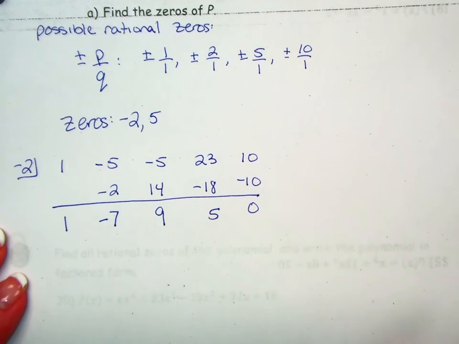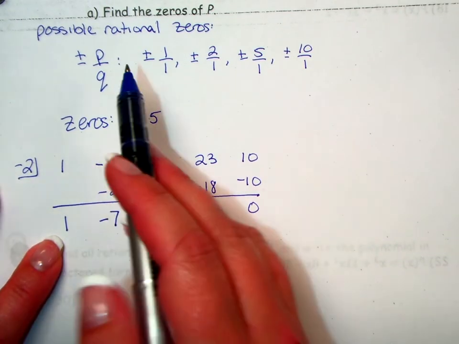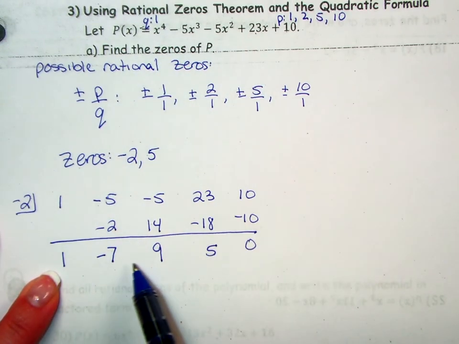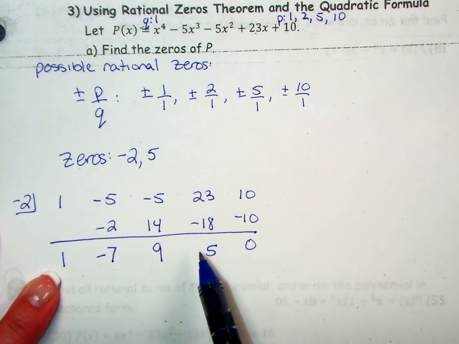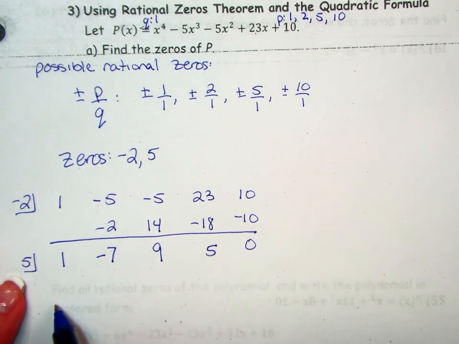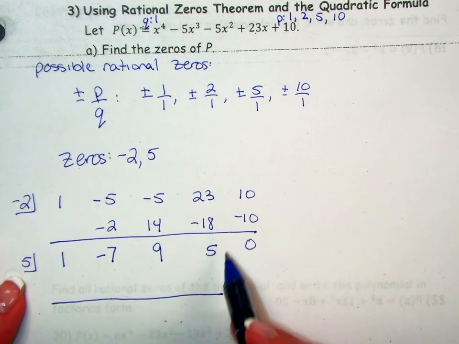So now what I'm going to do is divide 5 not back into the original polynomial, but into this answer. Okay, I'm going to divide 5 into the quotient, right? So I'm going to put 5 in a box here, and when I draw this line, I'm going to stop at the 5. Do not divide into the remainder.